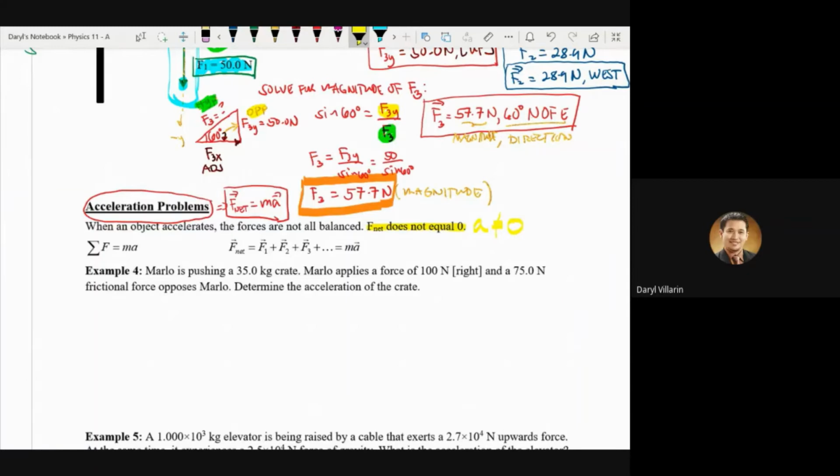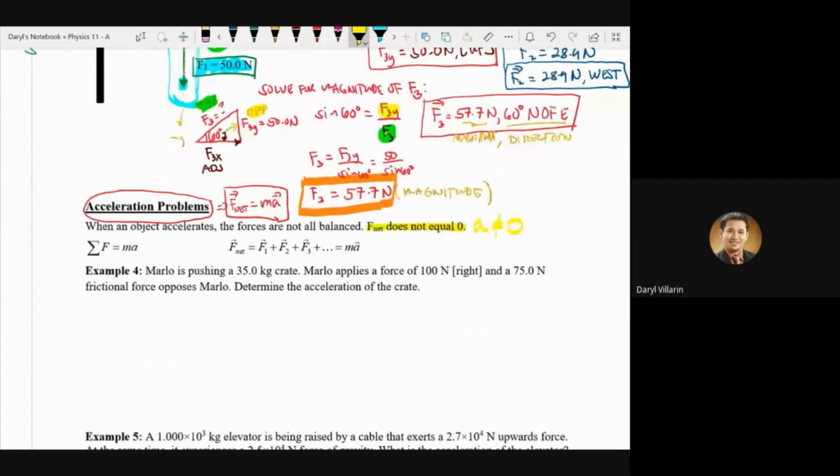So in this case, the object should be moving. Okay, because the object is not in constant velocity, but changing direction.